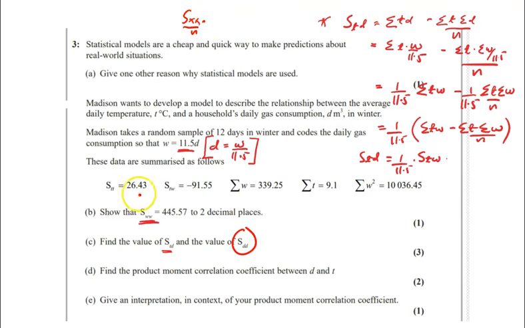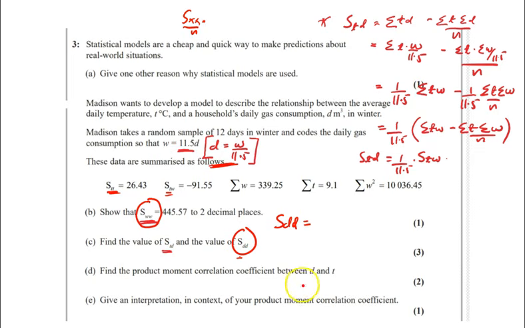So these STS, STW, STT, STD behave like variance. If we have STW and SWW, and we're looking for STD after a coding of D equals W over 11.5, then STD is going to behave like the variance.